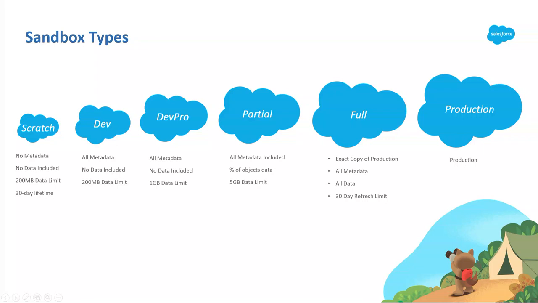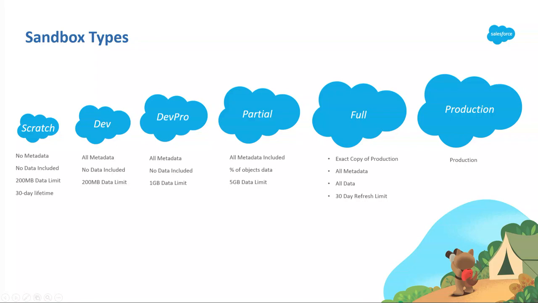There are some limitations around Scratch orgs, like you can only spin up or down about 200 of them in a day, and you can only have about 40 of them active at any given time. These limits will vary based on the edition of Salesforce environment that you are running.